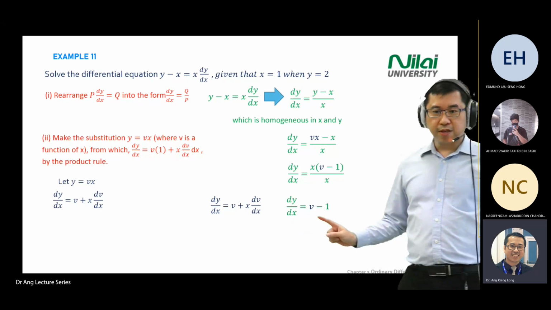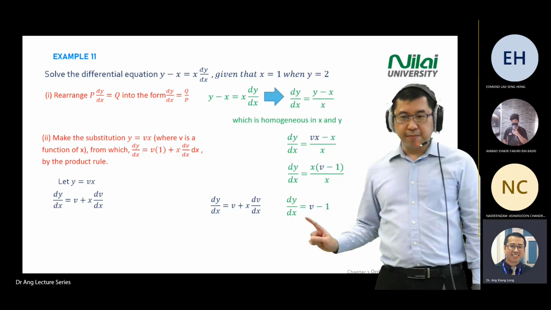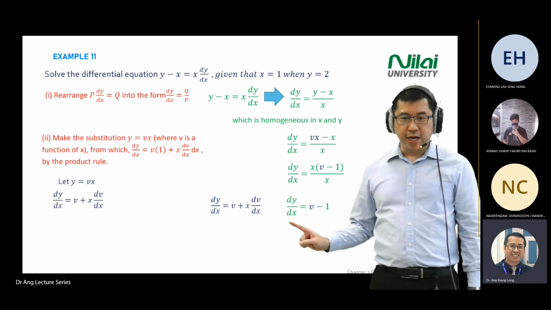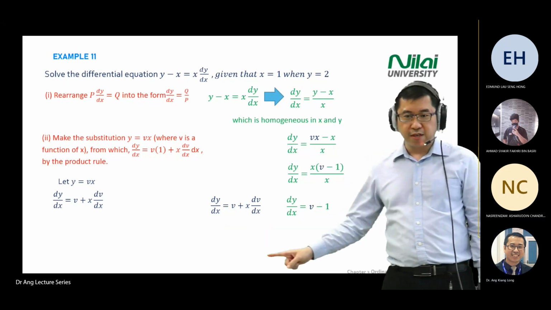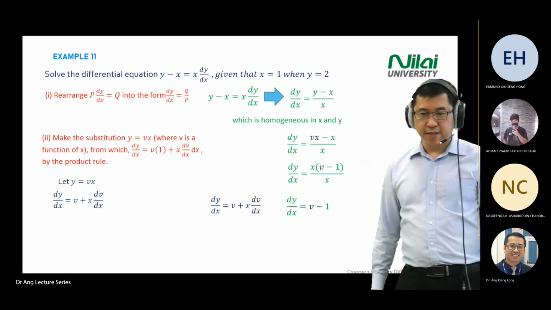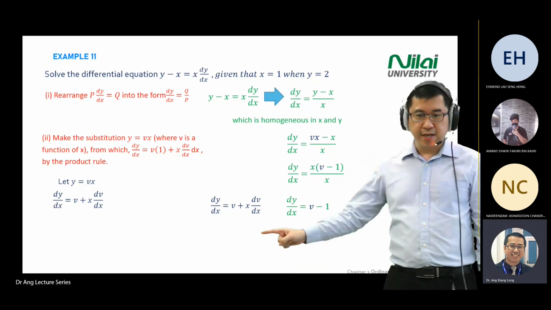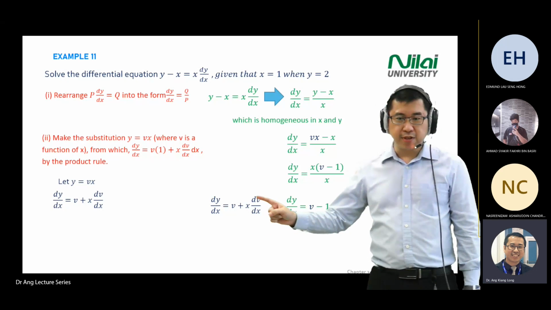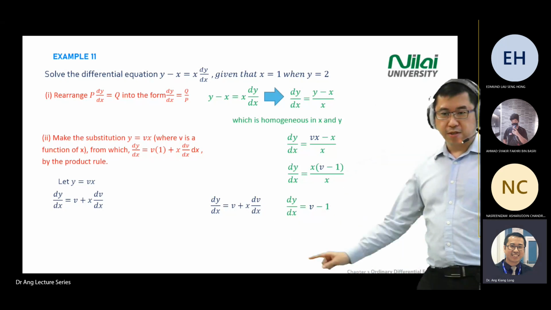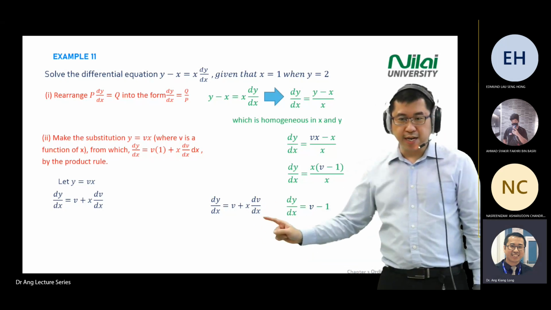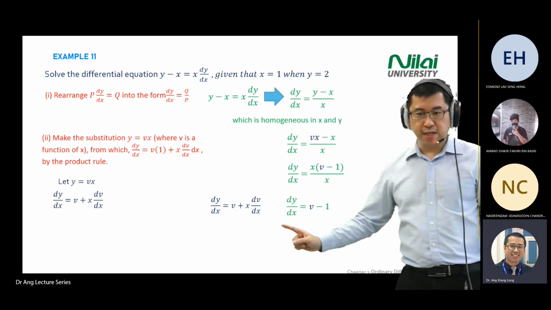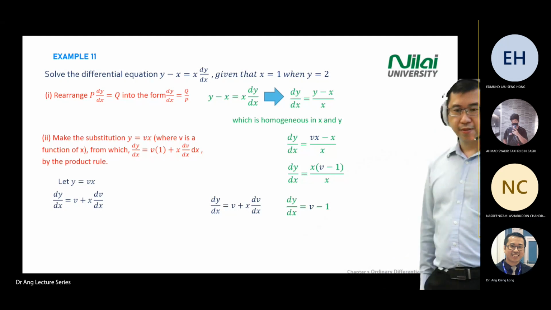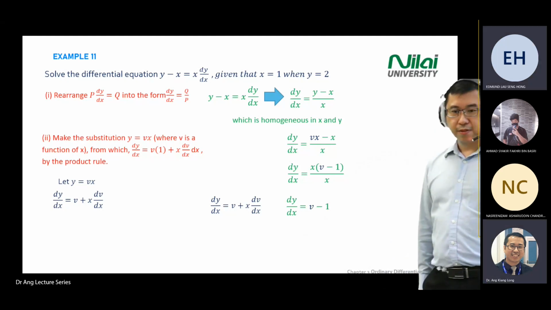Do you see there's the same thing inside here? dy/dx, dy/dx, v minus 1 and plus x dv/dx. So from here you know what your x dv/dx is, right? Edmund, what is x dv/dx if you compare side by side? 1. Are you sure it's 1?